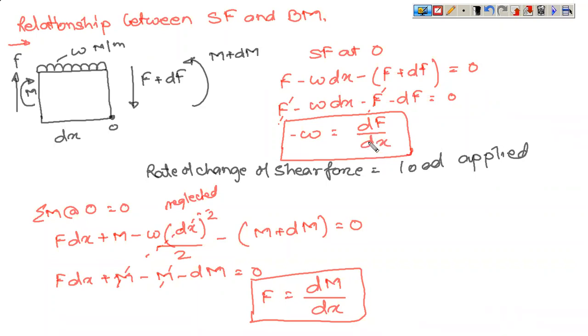So the rate of change of shear force is equal to load applied. The load applied is negative. Why? Because the load is in downward direction. So negative is only a representation of the direction. It has nothing to do with the magnitude.